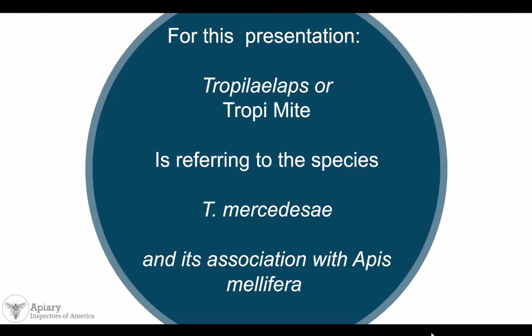So in this presentation, when we refer to the Tropi mite, we're going to be referring to the species Tropilaelaps mercedisae and its association with Apis mellifera. If you go back into some of the literature early on, it's going to talk about clareae, and that is because they had mis-ID'd it as clareae when it was really mercedisae, so it gets a little confusing.